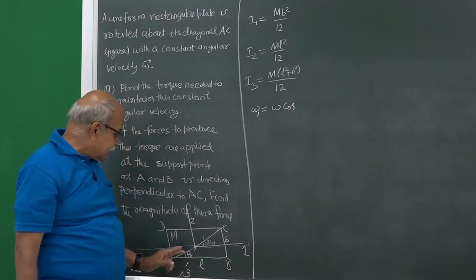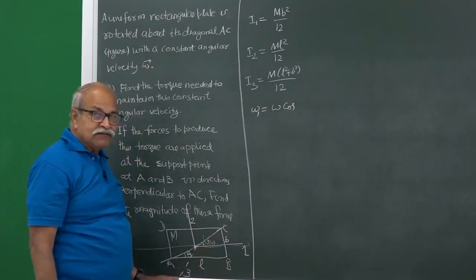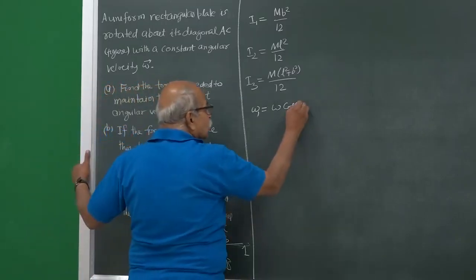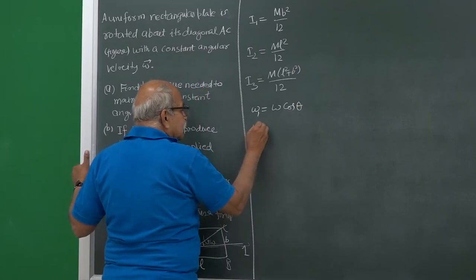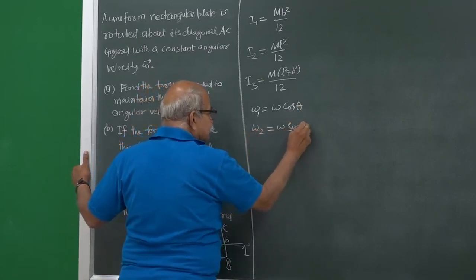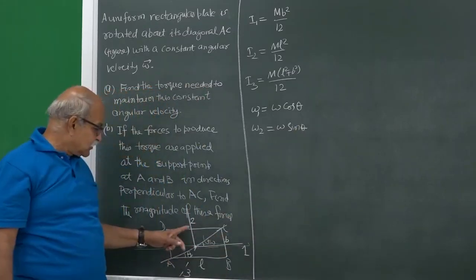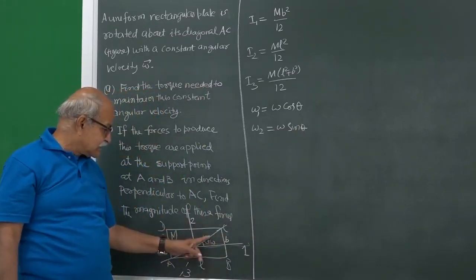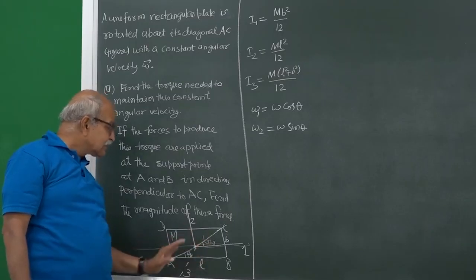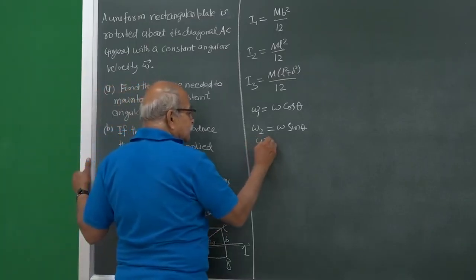We know what theta is, tan theta is b by L. So, it is known. So, omega 1 is omega cos theta, omega 2 is omega sin theta, because this axis and this line are in the same plane. So, omega cos theta this side, omega sin theta that side, and omega 3 is 0.